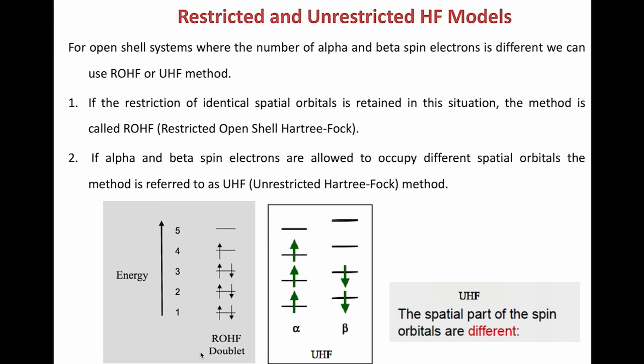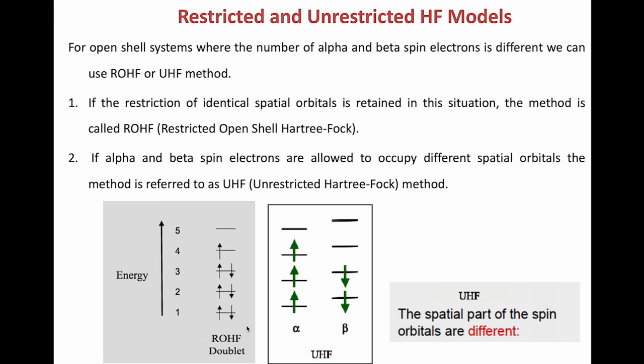Then, the restricted open-shell Hartree-Fock model means the spatial orbitals are the same, alpha and beta spins are arranged in the same spatial orbital with the same orbital energy, but they are open, meaning one spin, alpha or beta, is unpaired.